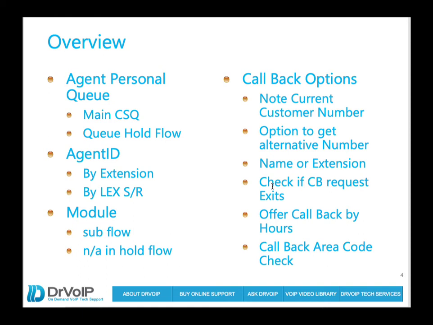And when they request a callback, we're going to go to that table and check and see if that number is already there. We also only want to offer callback through certain hours, and we want to check the area code before we place the callback to map the area code to a time zone.